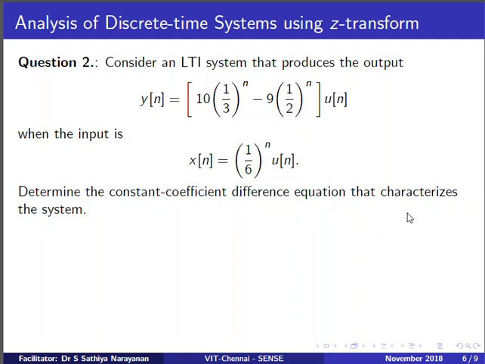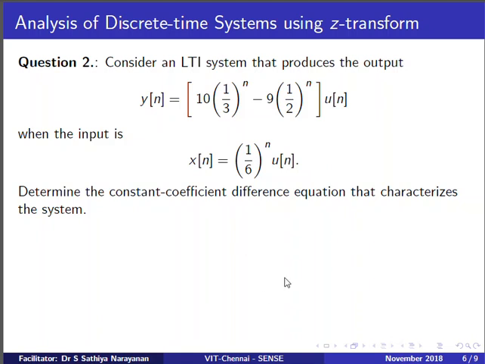So the first step: since x of n and y of n are given, we can find their z transforms, capital X of z and capital Y of z.